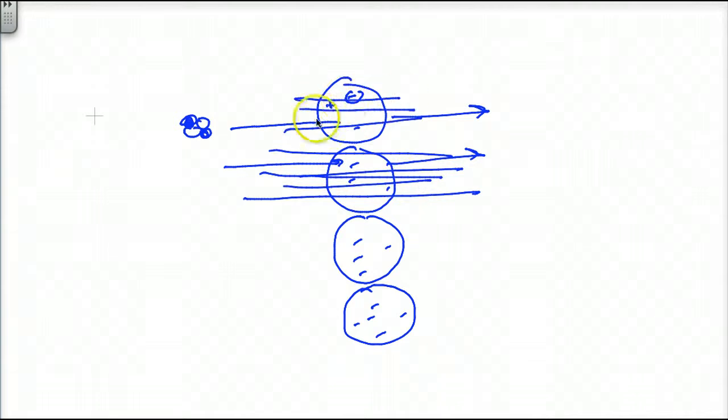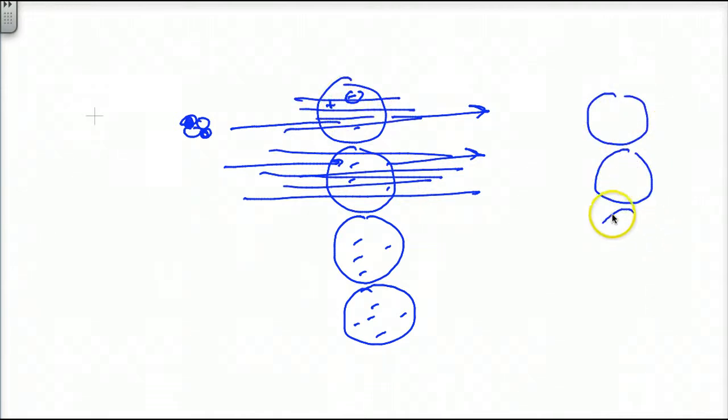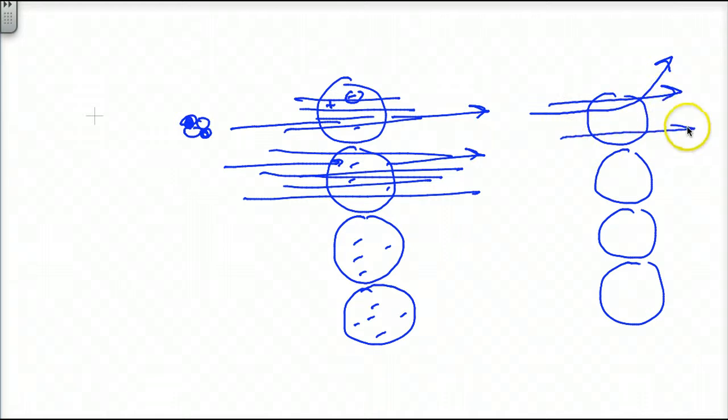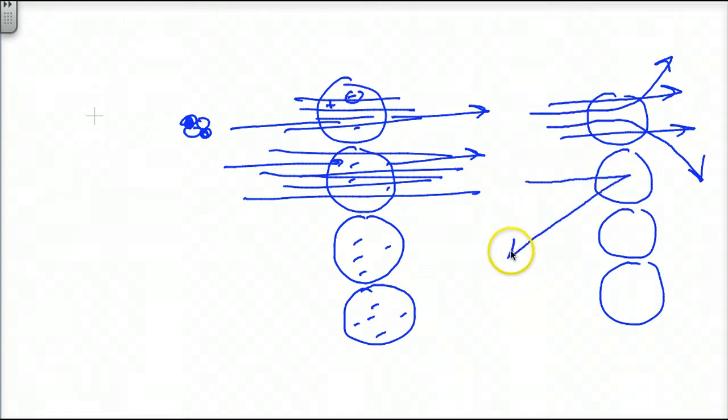But what really happened was, if I redraw the atom, or a very thin piece of atom, some of these deflected. Most of them still went right through, as we would suspect, but what we didn't suspect is these big deflections. And what we didn't suspect is the ones that almost bounced straight back.